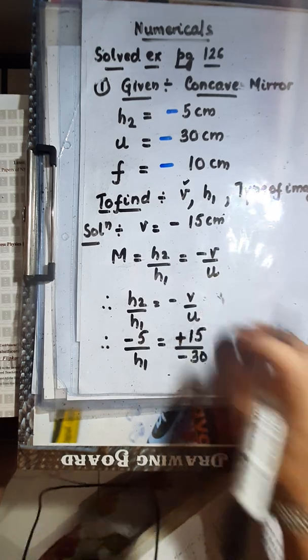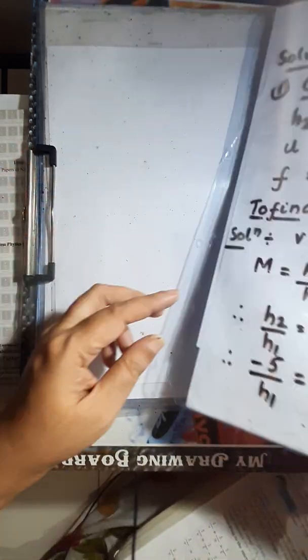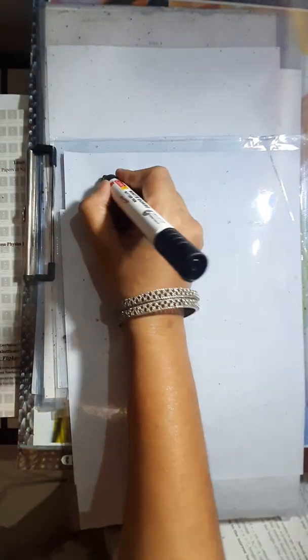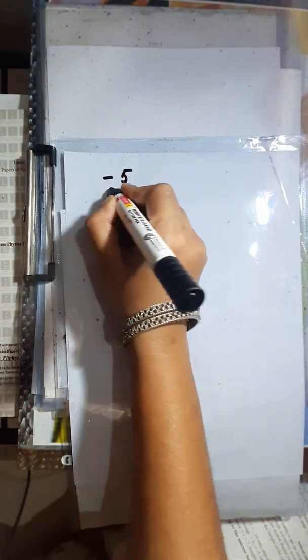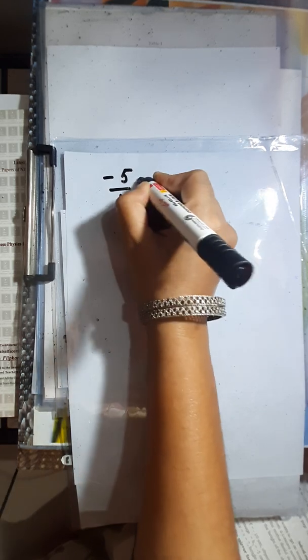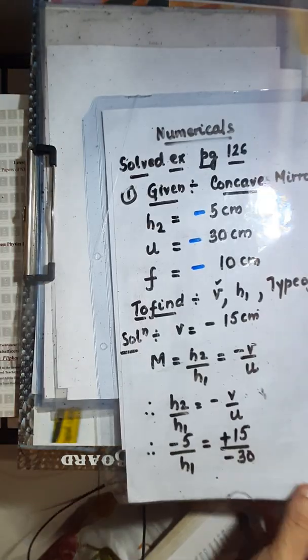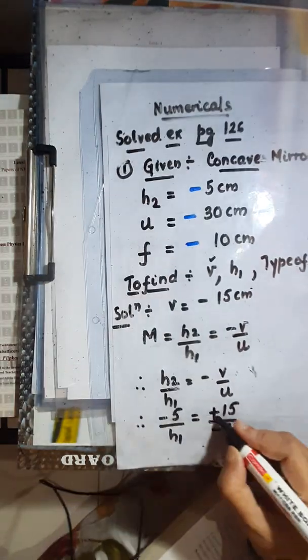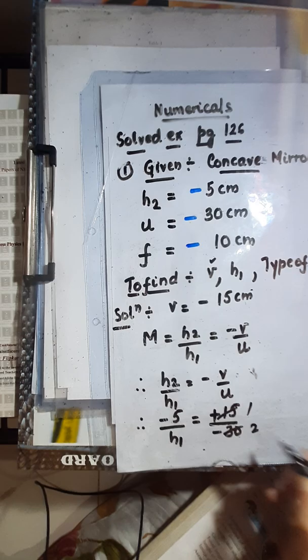Therefore, we'll go on the next page. Minus 5 upon H1 is equal to, this becomes 15 ones are 15, twos are 30, so minus half.